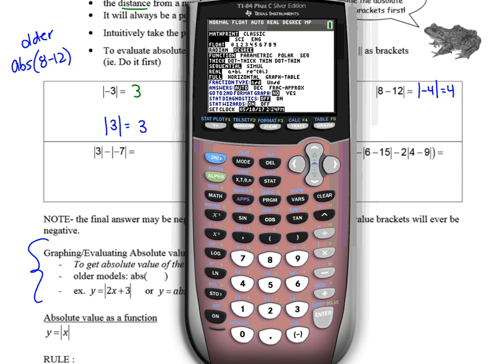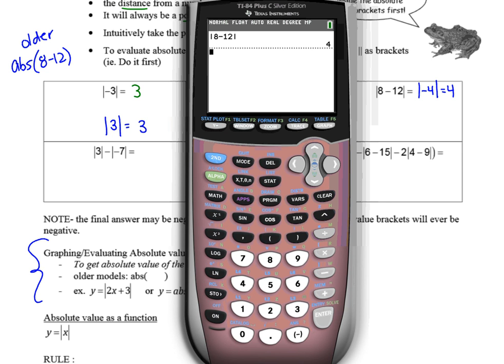If I wanted to type this one in, I would have to push math, number 1, 3, get out of my absolute value, or close the bracket if you have an older version, minus, and then math, number 1, put in my negative 7, and then close the bracket if you have an older version, or push arrow if you have a newer version.